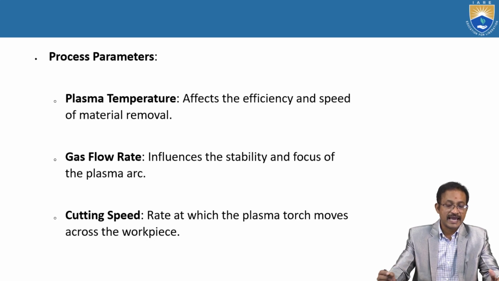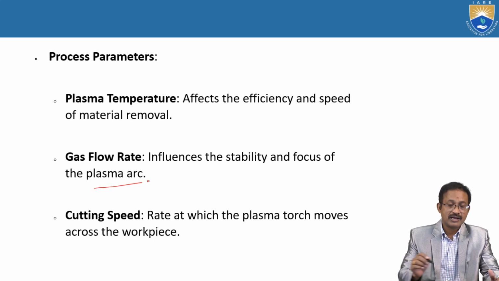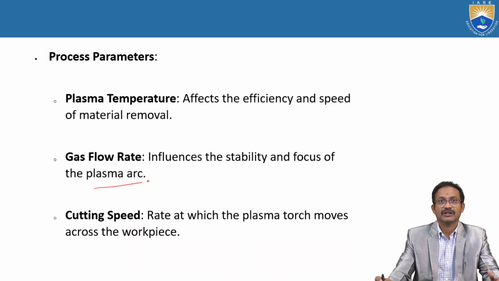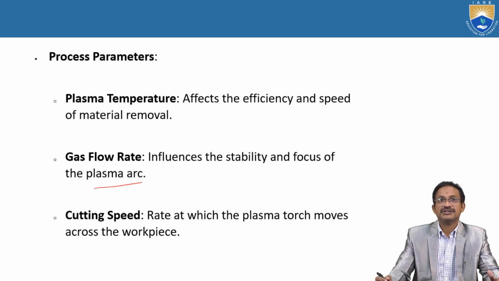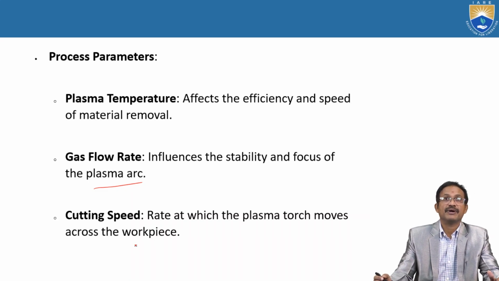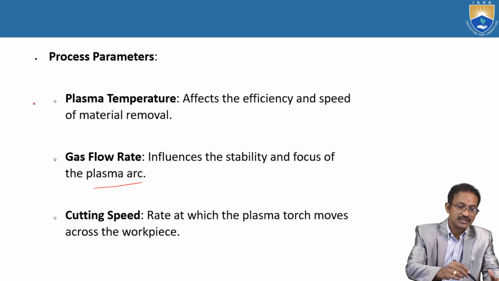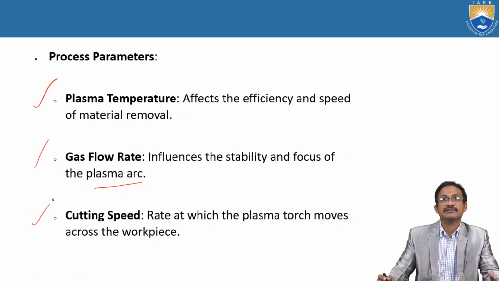Gas flow rate influences the stability and focus of the plasma arc. Cutting speed is the rate at which the plasma torch moves across the workpiece. Let me reiterate, very important: process parameters are plasma temperature, gas flow rate, and cutting speed.